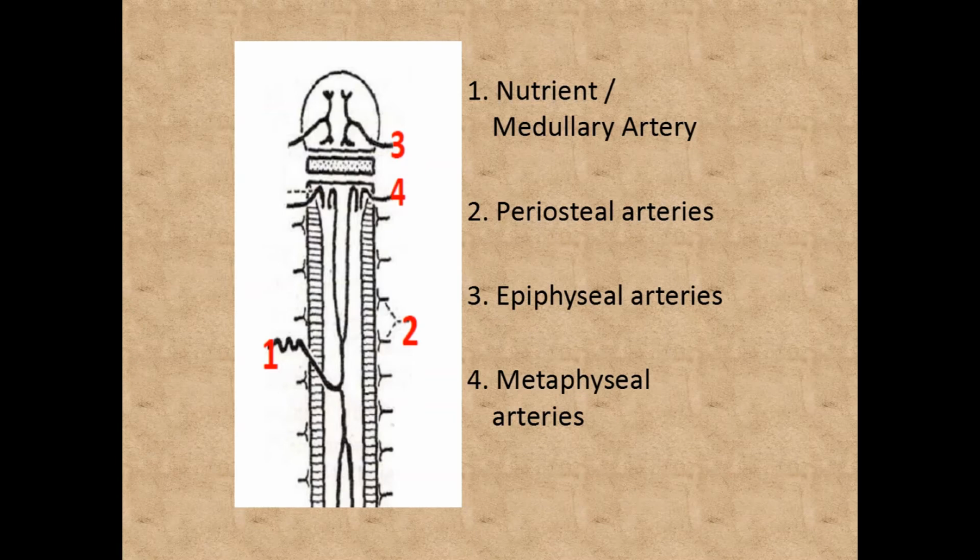So near the number 4 you can see multiple hairpin like bends. Bone also derives blood supplies from epiphyseal arteries, that is number 3, and metaphyseal arteries, which are number 2. The important parts for us to discuss osteomyelitis are arteries number 1 and 4.